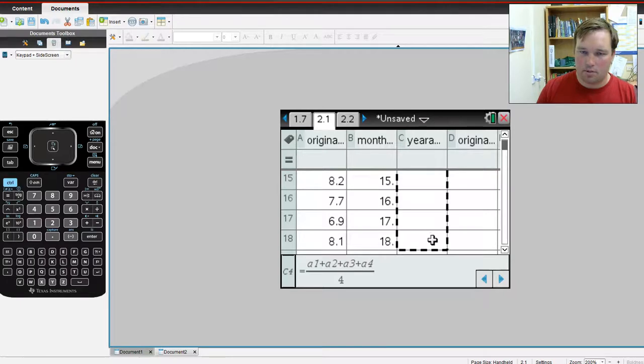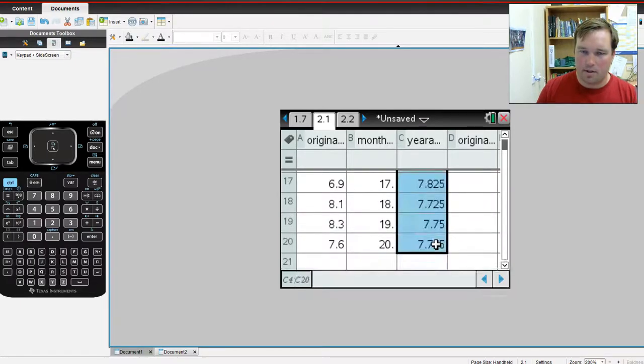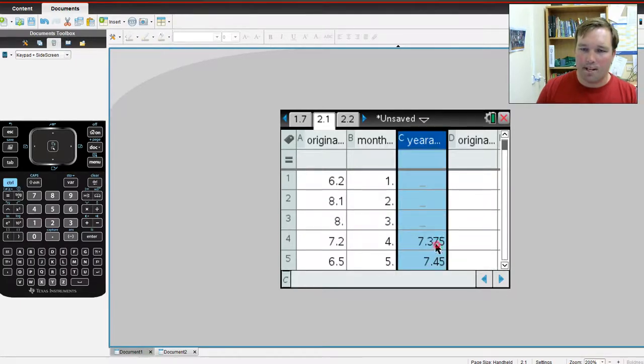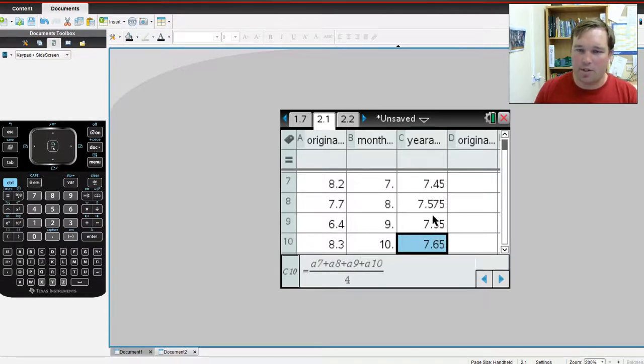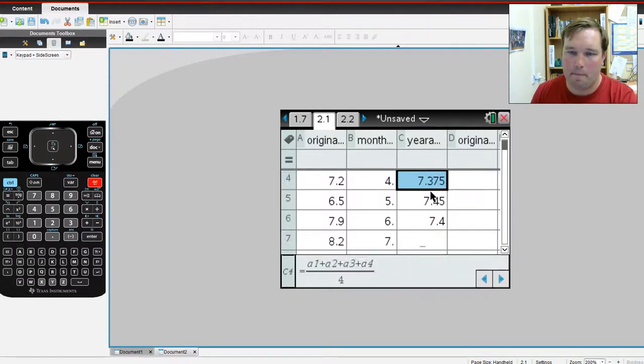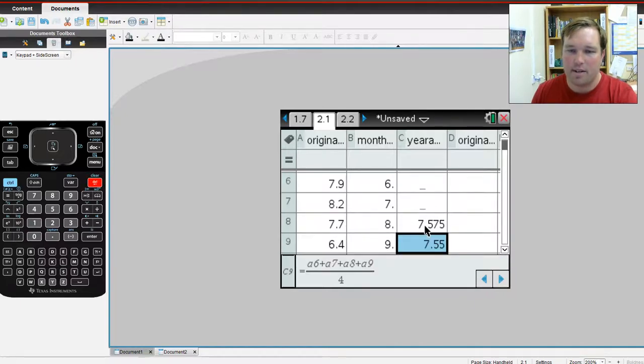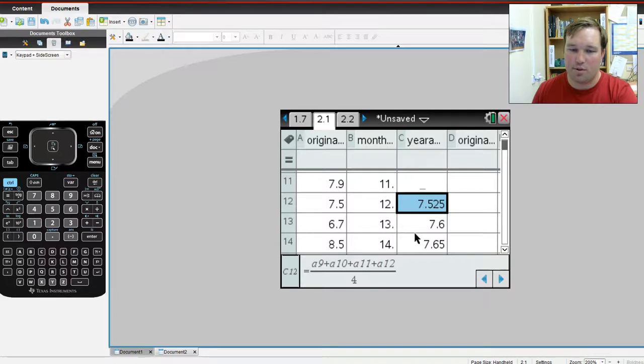But we're not interested really in every number. We're only really interested in every 8th number. So I don't want 5 or 6, but I am interested in that one. And I don't want 9, 10, or 11, but I am interested in 12, because 12 is the average for year 3.